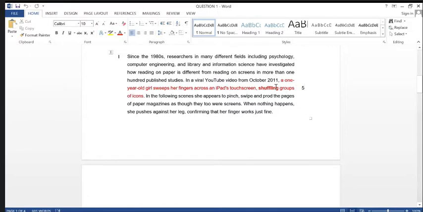So in a viral YouTube video from October 2011, there is this 1 year old girl. So everybody already starts picturing a 1 year old girl. What does this girl do? The girl sweeps her fingers. Now the word sweeps, immediately you will remember broom, correct? A broom that you use to sweep the floor, which is not very popular now since we have our vacuum cleaner.